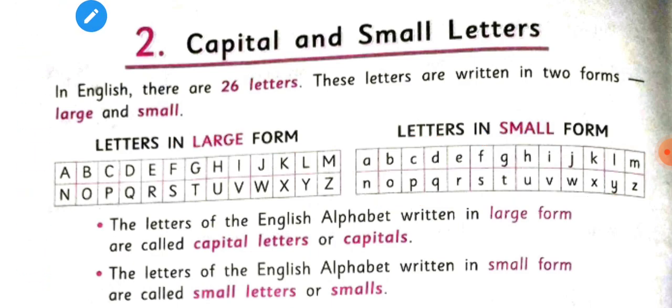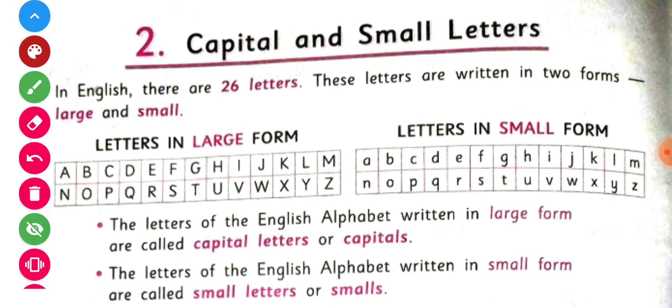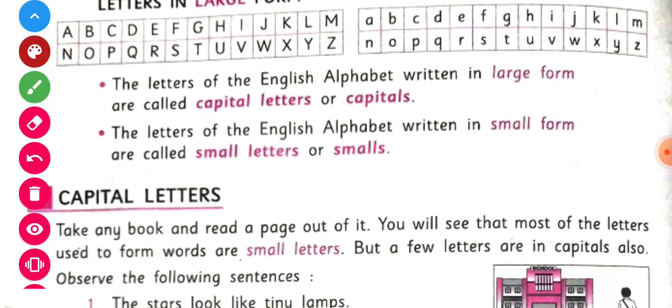So children, the letters of the English alphabet written in large form are called capital letters or capitals, and letters of the English alphabet written in small form are called small letters or smalls.